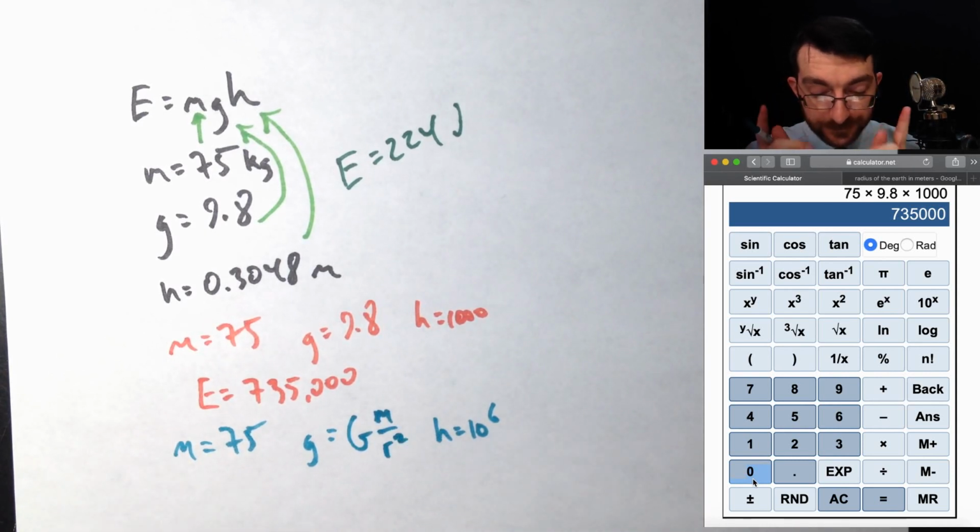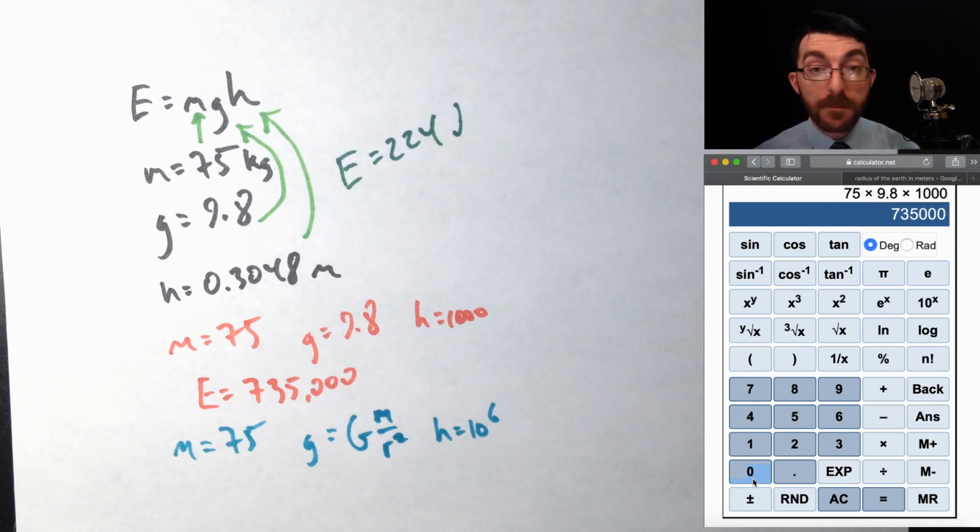Okay. This is where it's going to get just a little crazy. So if I want to jump up 1,000,000 meters, but gravity at the top of that is going to be weaker than gravity at the bottom of it, what I'm going to do is break this down into 10 smaller jumps.